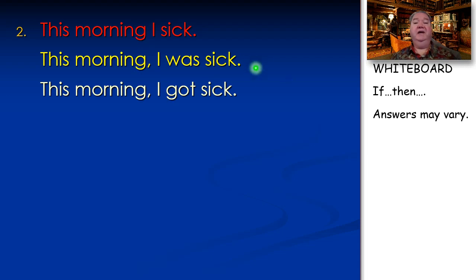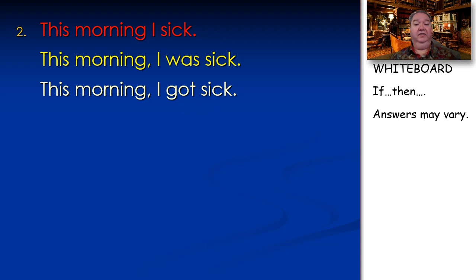Are these the same? They have the same general idea. I would probably use got sick if it was something sudden. Maybe I felt okay, maybe I had some breakfast, and then suddenly maybe I vomited, or suddenly I started feeling bad.